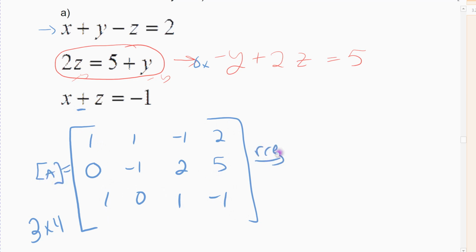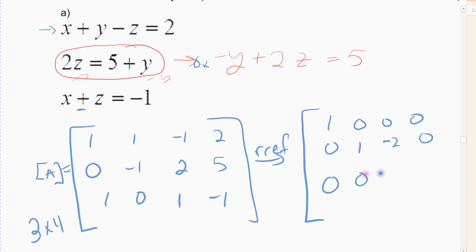You do your RREF, row reduced echelon form, and you get 1, 0, 0, 0, 1, negative 2, 0, 0, 0, 0, 1. And so remember what this means. These are my x values, y values, z values equals my constant.